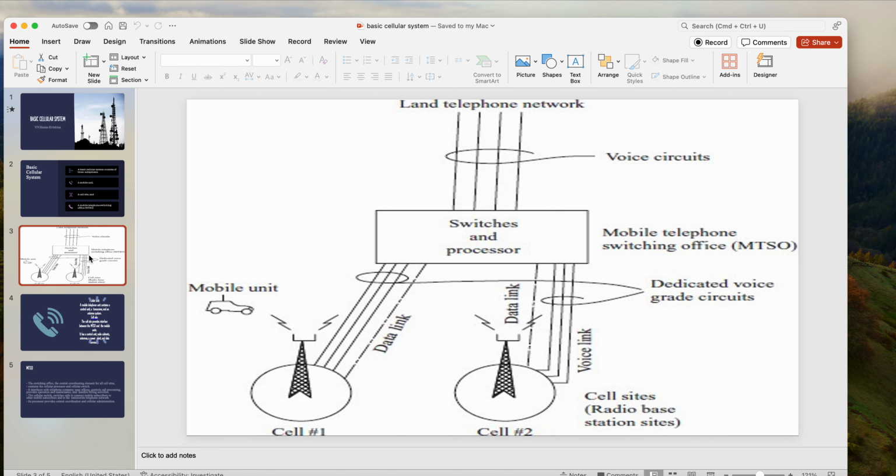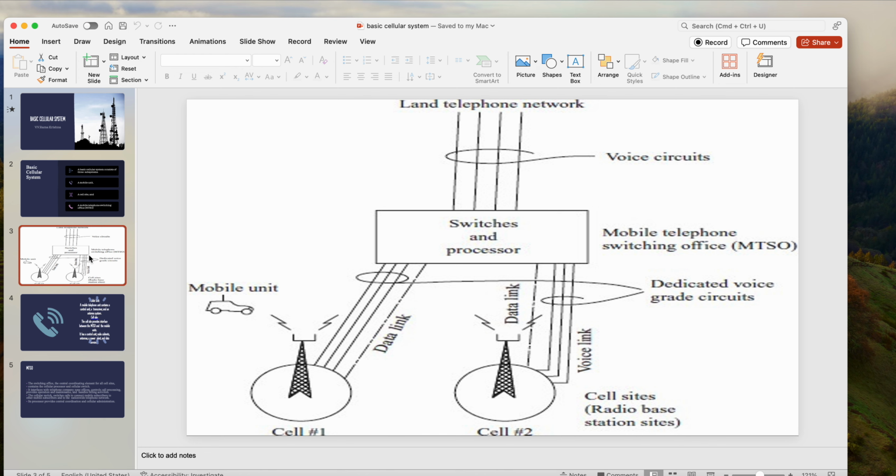The mobile unit is to initiate a call and to communicate a call, and after completing the call we can terminate the call. Any subscriber who needs to communicate requires a mobile unit, and it is at the subscriber premises. And now what should a mobile unit consist of?